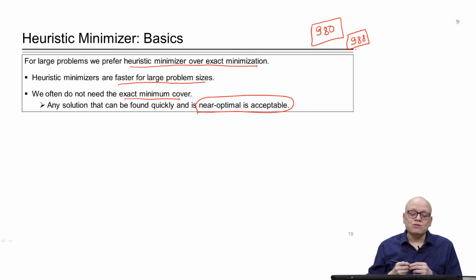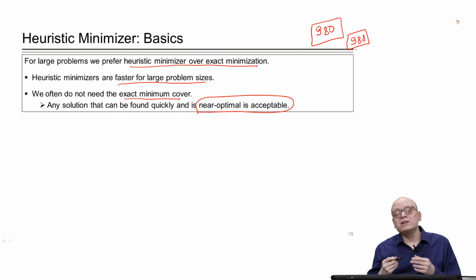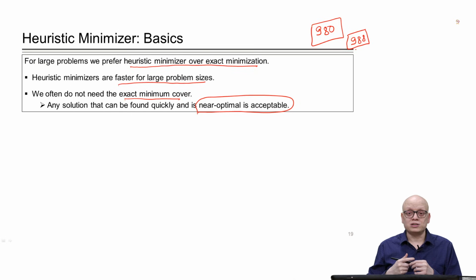That is why we go for heuristic minimizers, which are very fast compared to exact logic minimization, and they are able to do minimization fairly well, not exact, but close to theoretical logic minimization.